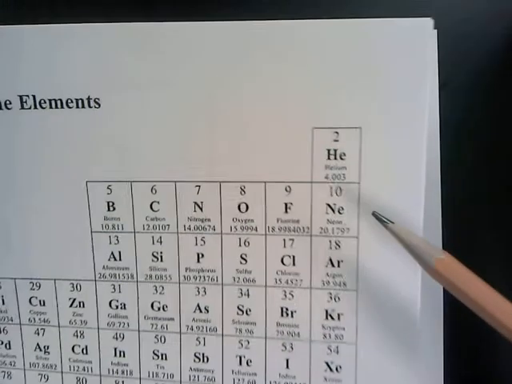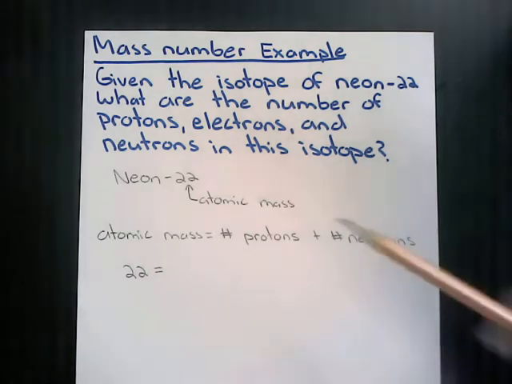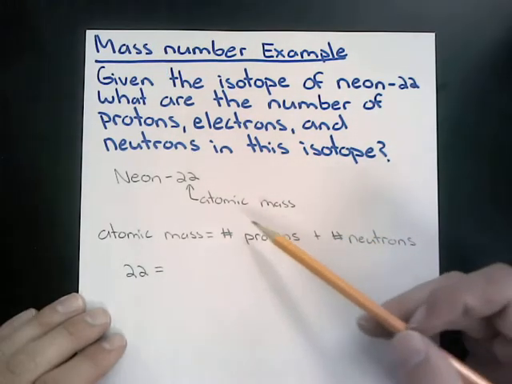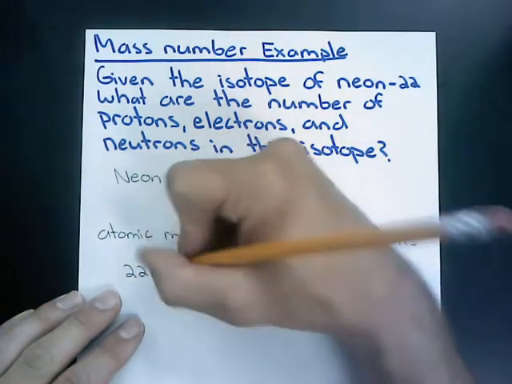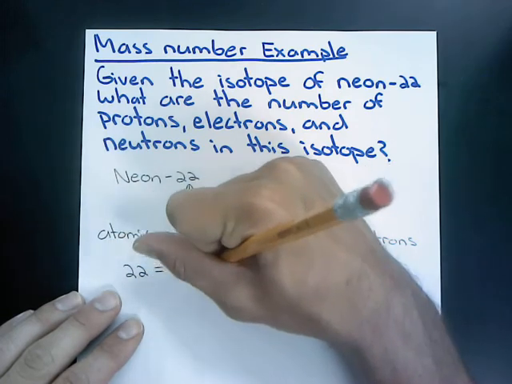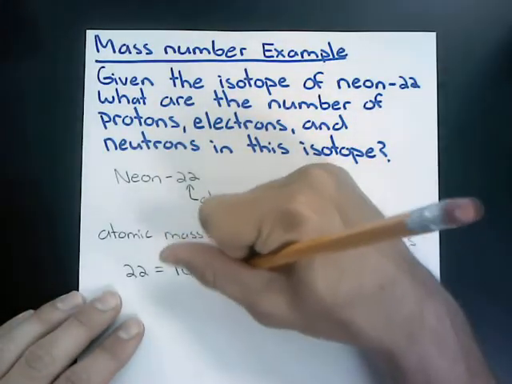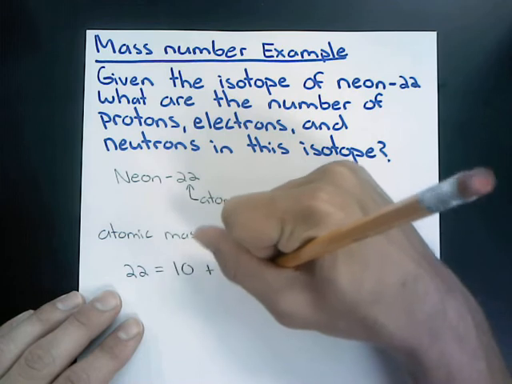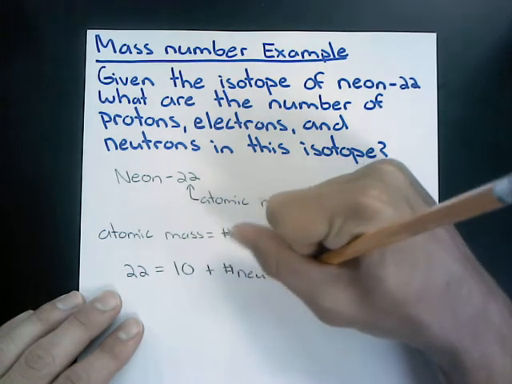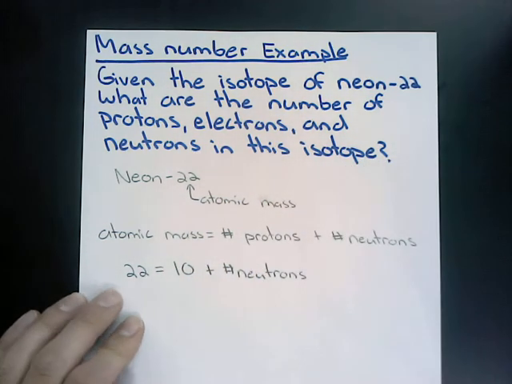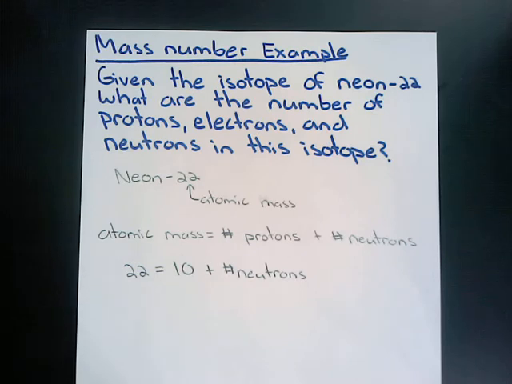So our number of protons equals this top number, 10. So if we have 10 plus our number of neutrons, we now have a really simple problem to solve for the number of neutrons.